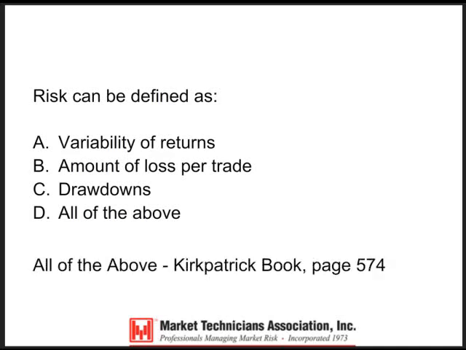Risk can be defined as all of the above: the variability of the returns over a time frame, the amount of loss per trade when you're doing back testing, and the drawdowns. From your peak to your trough, how far down do you go? Going down 10%, you don't go back up 10% to get to even.